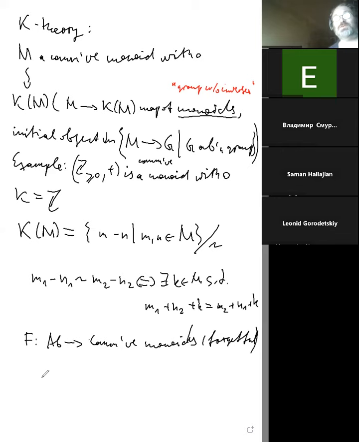First of all, place your bets. Is it right or left? Well, forgetful functors are usually right adjoints. Well, okay, let's see. So we have Mon or CMon.